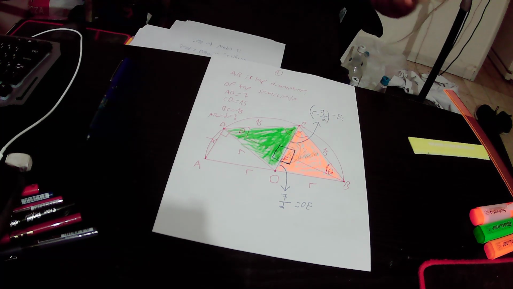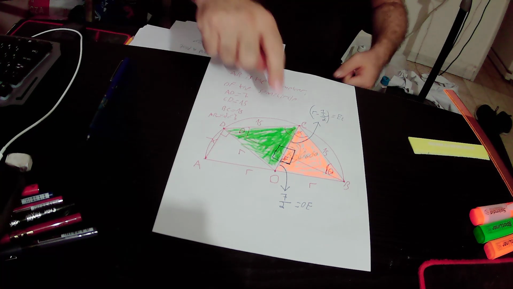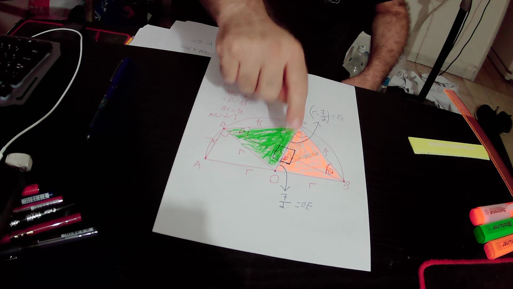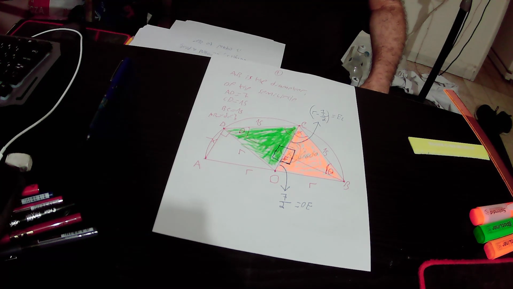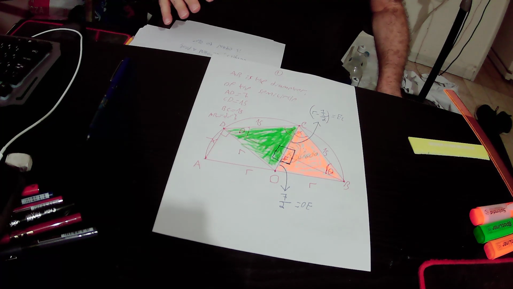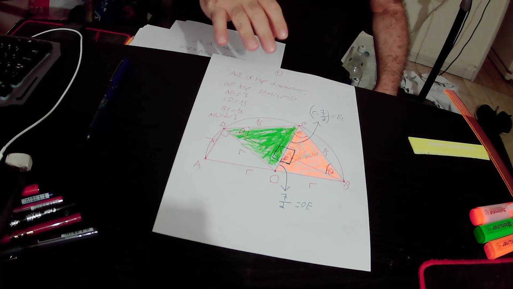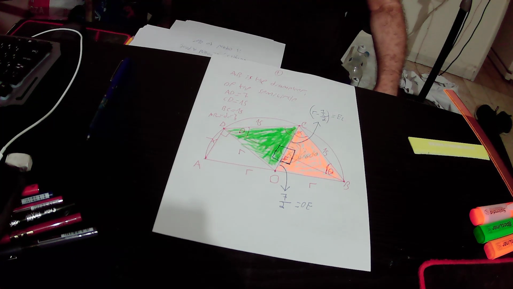So we actually found out that three angles around this point E are right angles. And the sum of three right angles is 90 degrees times 3, which is 270 degrees. So around point E we have three angles whose sum is 270 degrees.